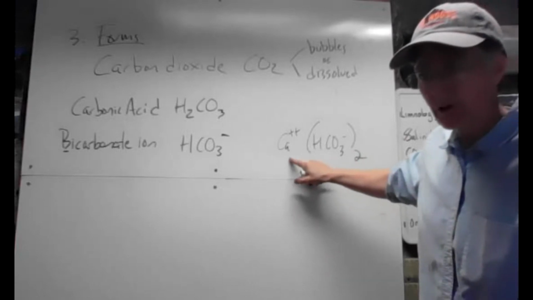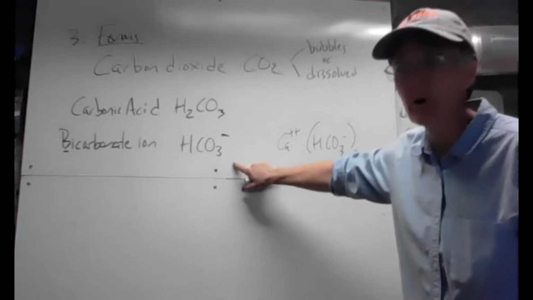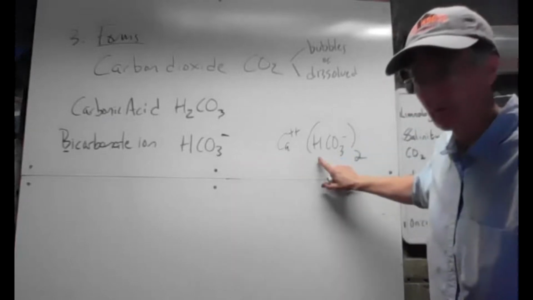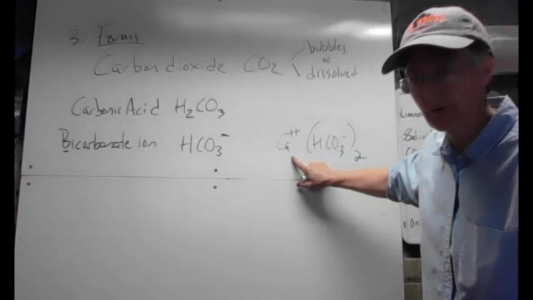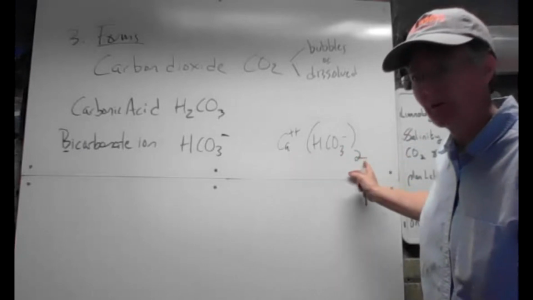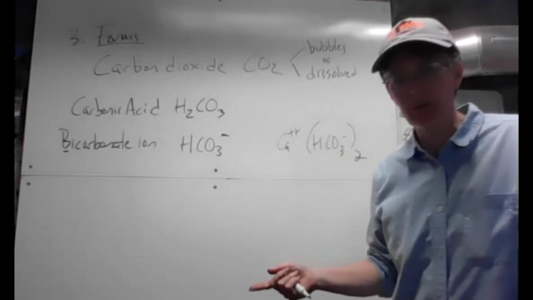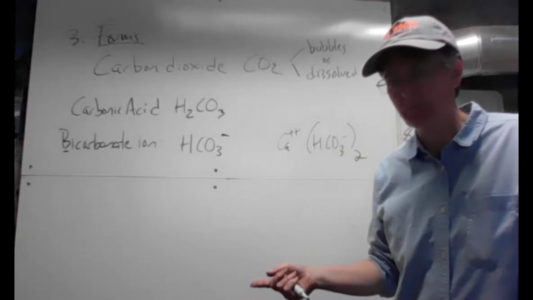So if you were going to combine bicarbonate ions with calcium, it would take 2 of them for every calcium. So calcium bicarbonate has 2 bicarbonate ions. And I think that's where the name comes from.